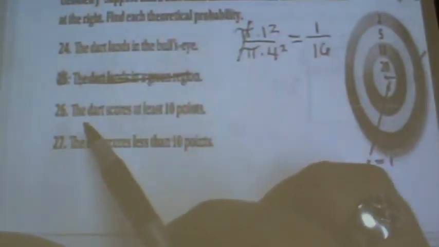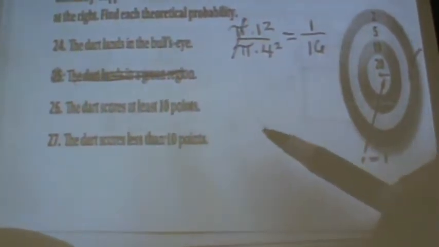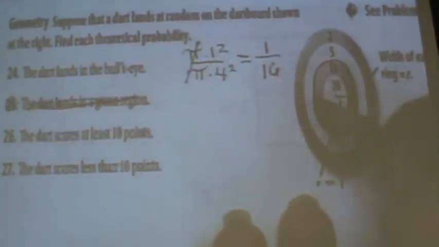Okay, the next one: what's the probability that the dart will be thrown and you're going to get at least 10 points? So in other words, this right here, at least 10, if not more. I want to know the area of this.